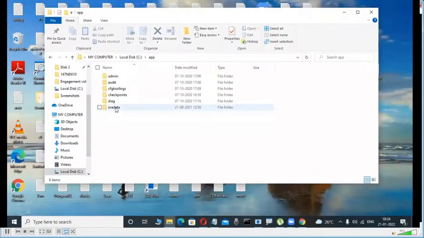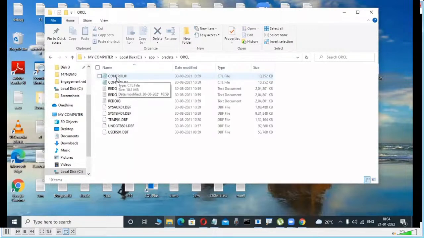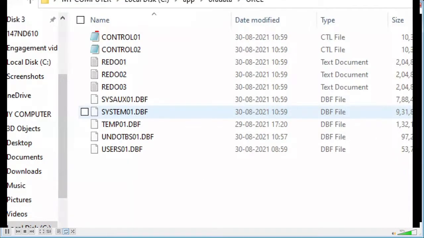These are folders: Oracle, Oradata, ORCL. I'm observing only. In C, I installed my Oracle software. In this Oracle software, anywhere, is the Z table visible or not visible? Anybody guess? Otherwise, anybody observe it here?